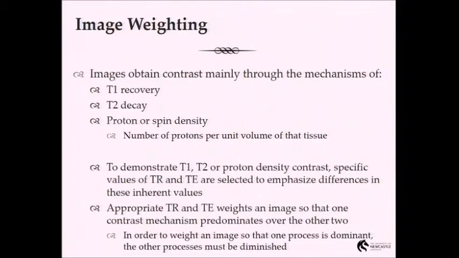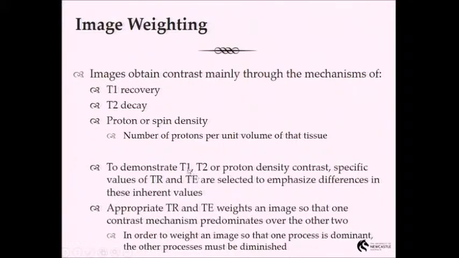Proton density contrast is really just when we try to not affect T1 or T2, and we just let the images play out based on their spin density, or how many protons are in a particular piece of tissue, whether it be CSF or grey or white matter in the brain. You're really just looking at the pure density of protons in the tissue.